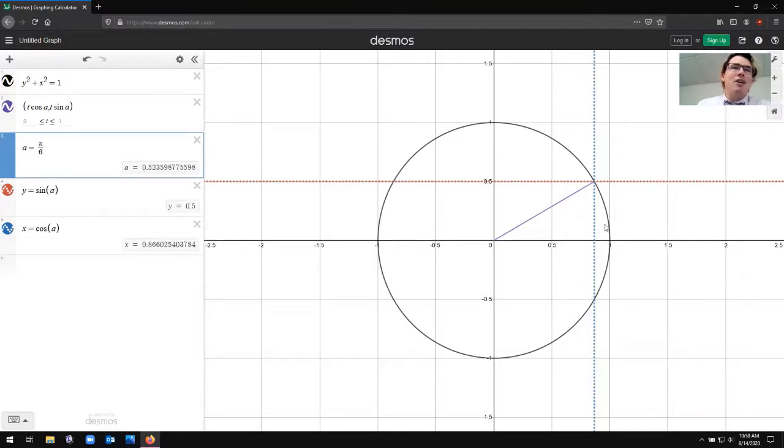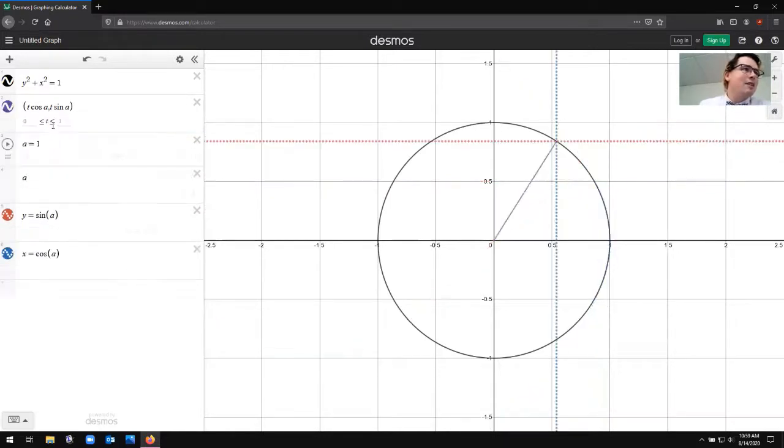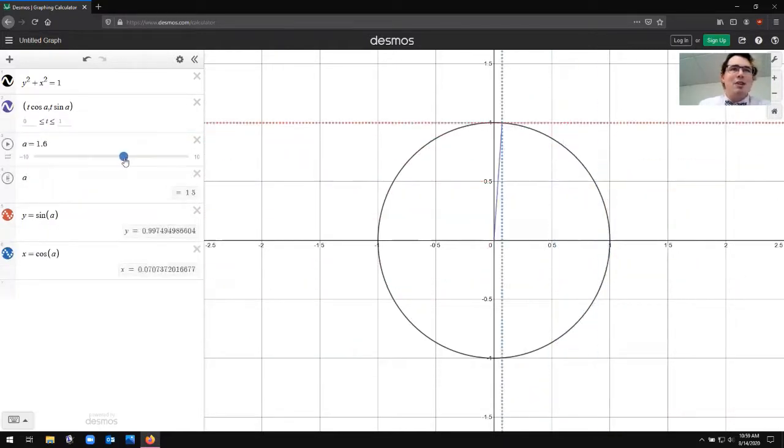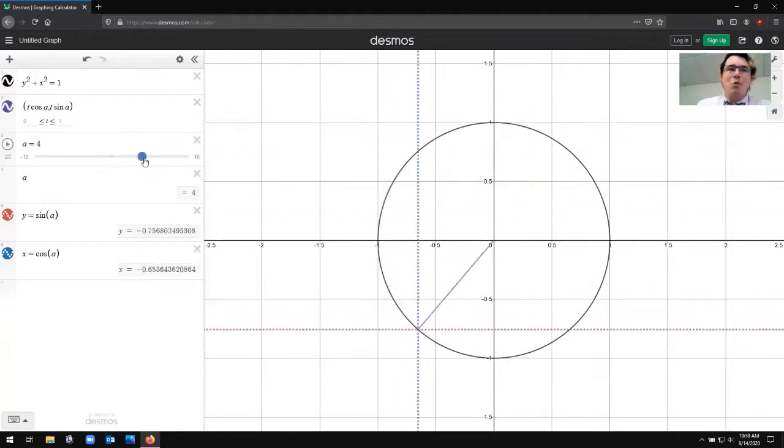So if I wanted to move to the quadrant over here, let me bring this back to the slider A. If I move my slider over here, A is about 2.6. And you can see I've got that same exact cosine value here, and now minus the cosine value.